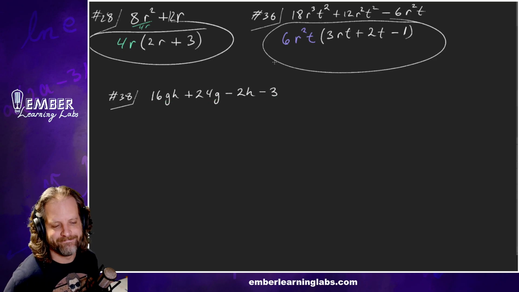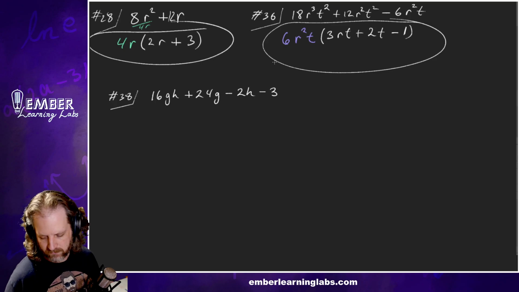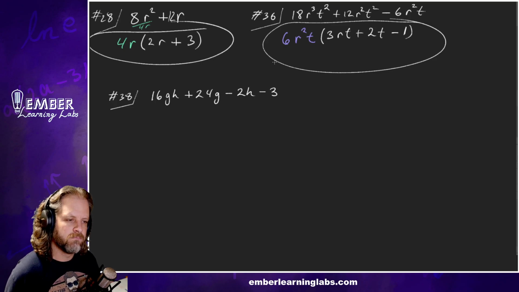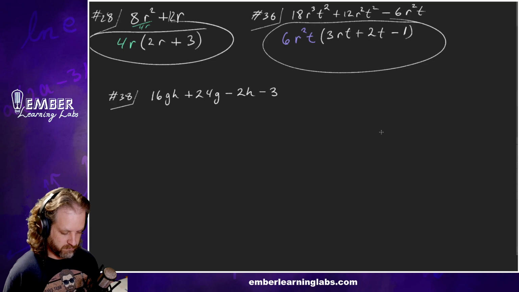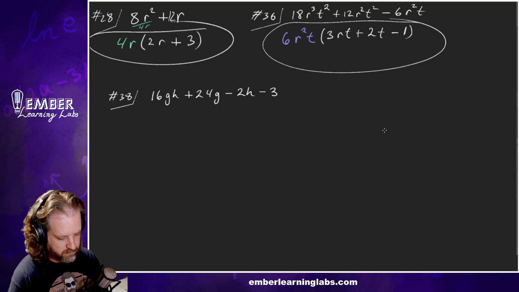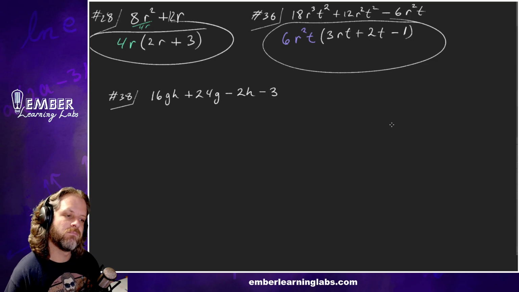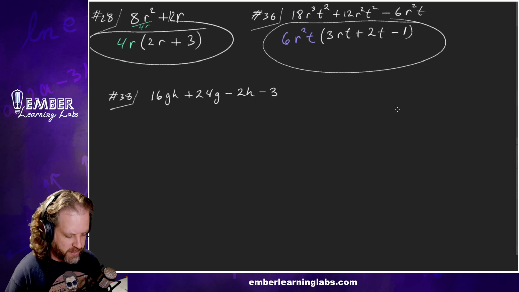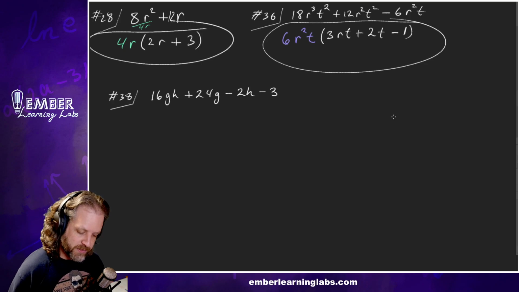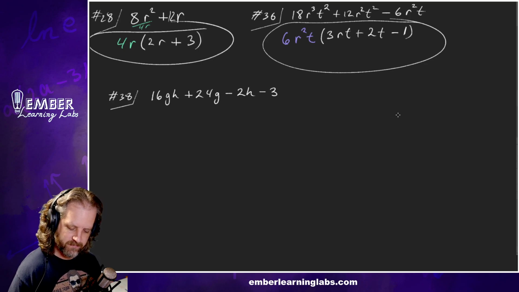So what now? How many terms are there? There's 4. So what did we do when there were 4 terms?